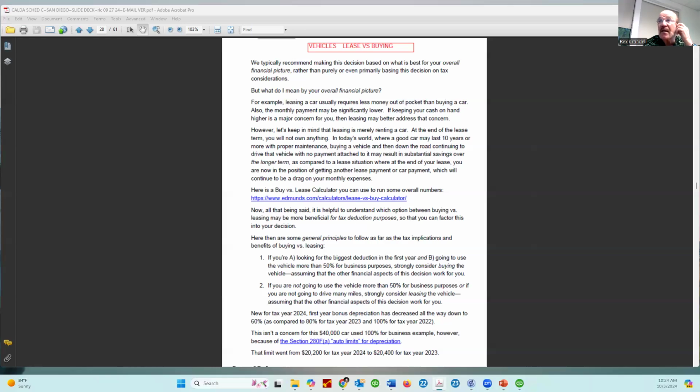Buying a vehicle and then, down the road, continuing to drive the vehicle with no payments may result in substantial savings in cash flow over the long term as compared to a lease, where at the end of the lease, you're now in a position of getting another car and a new car payment, which will continue to drag down your monthly income.